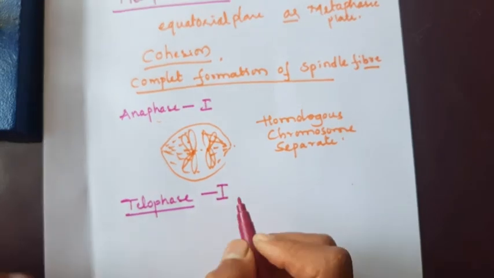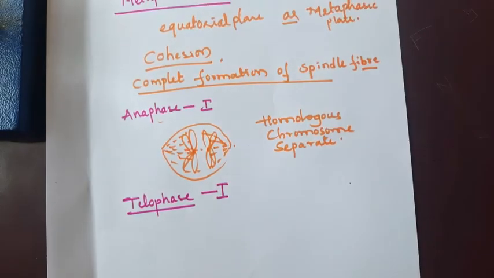Telophase 1. In the telophase, after separation of homologous chromosomes, the chromosome starts decondensation. The chromosome starts decondensation means there is a formation of chromatin network.